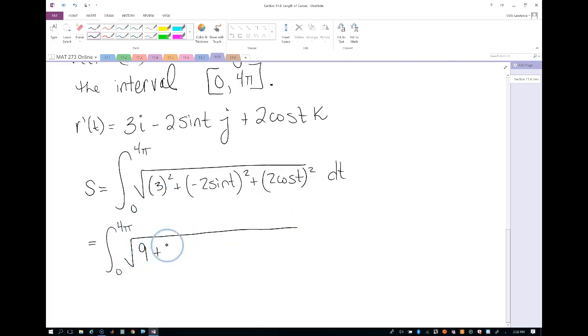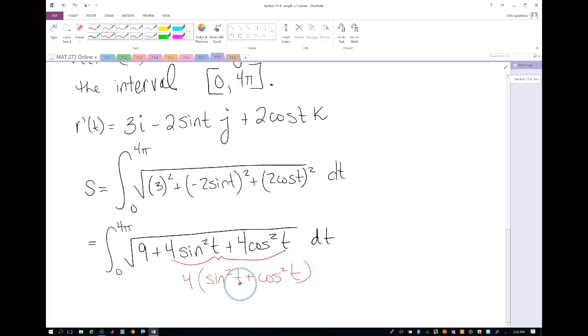This is 9 plus 4 sine squared t plus 4 cosine squared t. And for these two terms, if we factor the 4 out, we have sine squared t plus cosine squared t, which is an identity that's equal to 1.